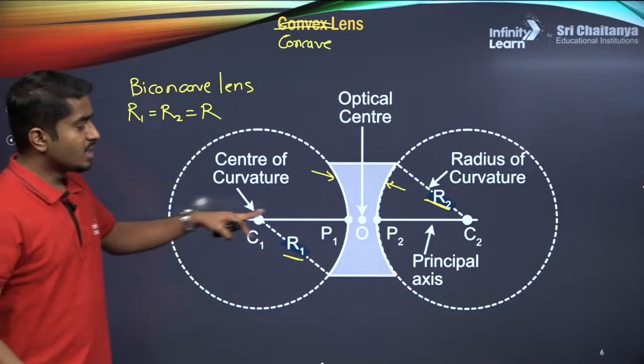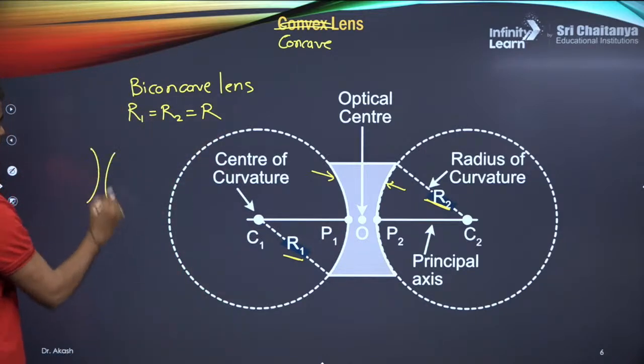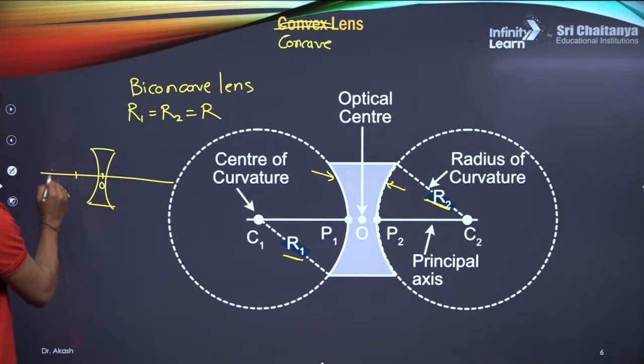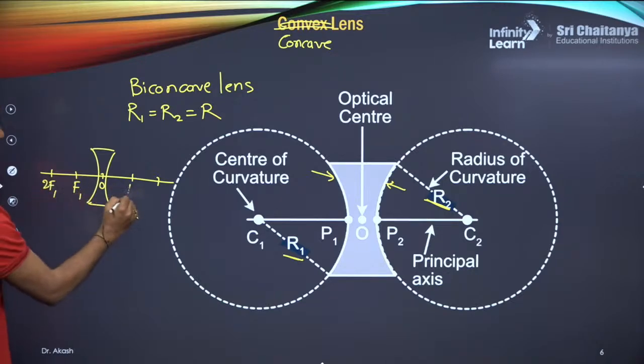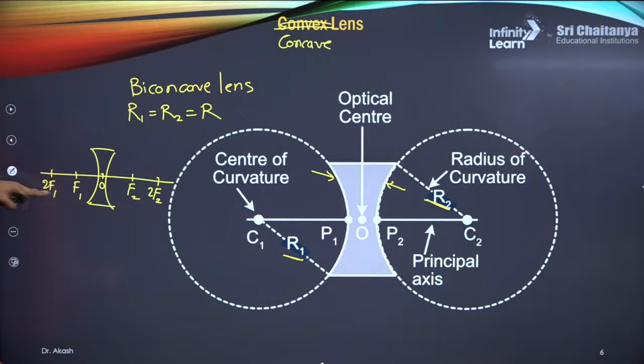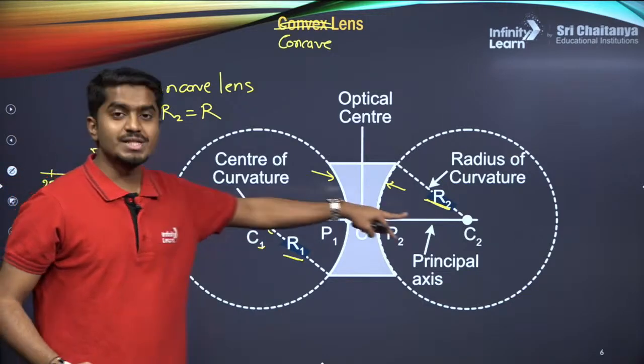Okay, again when we have this kind of lens, there is a concave lens and here there is an optical center. Again you will find the focus, which is F1, there is 2F1, there is F2 and 2F2. So we are going to follow this convention. We are not going to write C1 or C2.